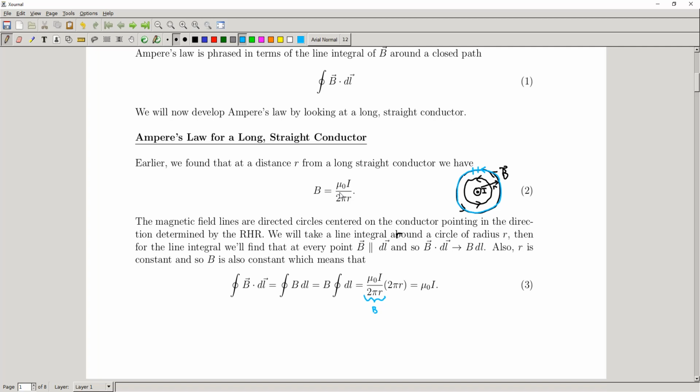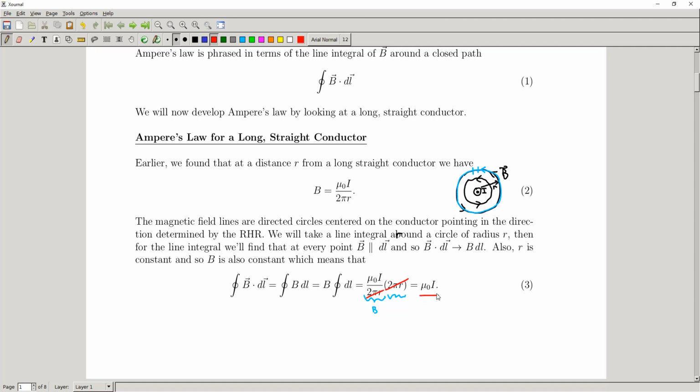If you add up all the tiny little pieces that make up the circumference of a circle, what do you get back? Well, you get back the circumference of the circle. And that's this: the closed loop integral of dl around a circle of radius r. Okay, so we end up with both of those results. We can see that this is going to cancel with this, and we end up with just this remaining here.